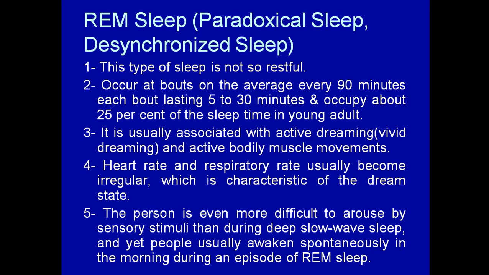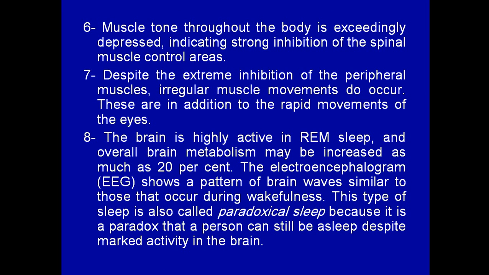Yet people usually awaken spontaneously in the morning during an episode of REM, because in successive cycles of sleep we may even reach a point where there is no non-rapid eye movement, only rapid eye movement in the last cycles of sleep.